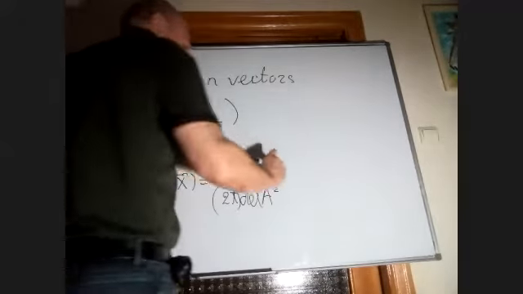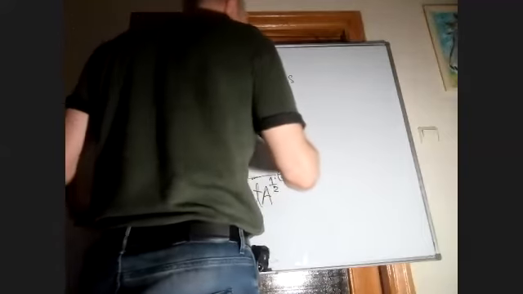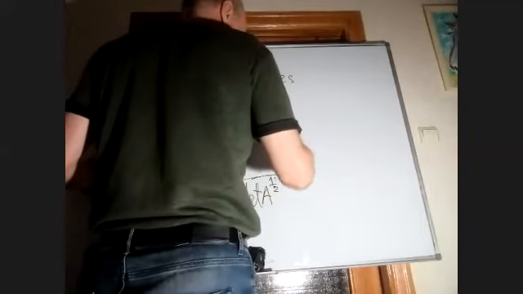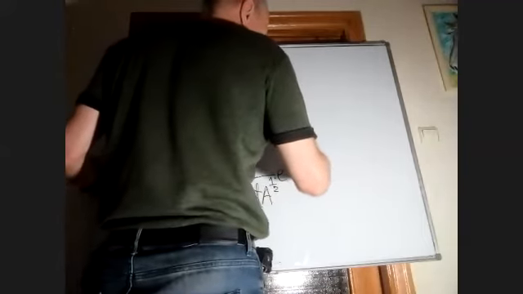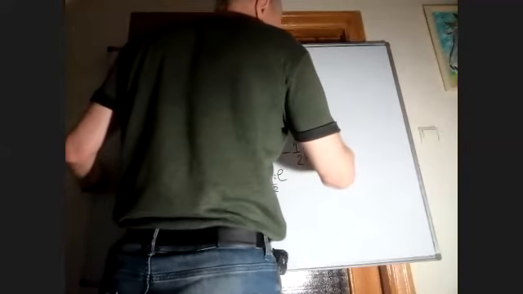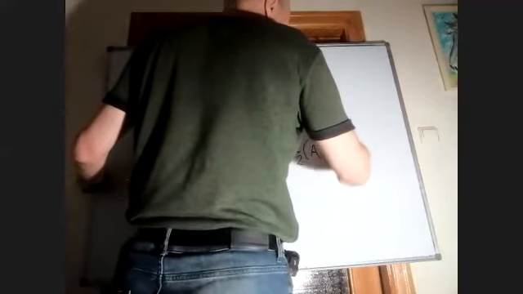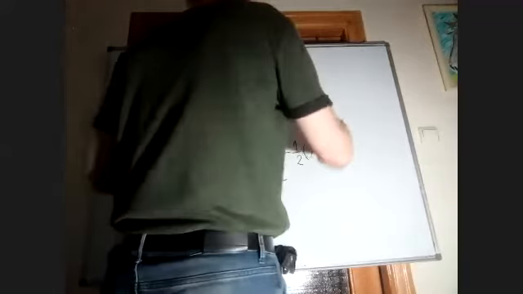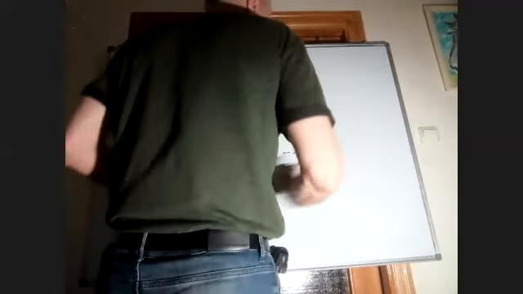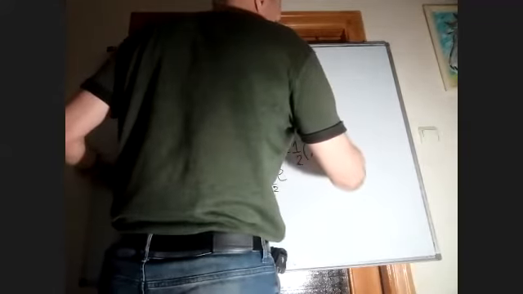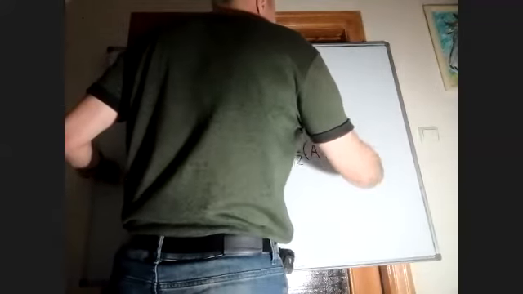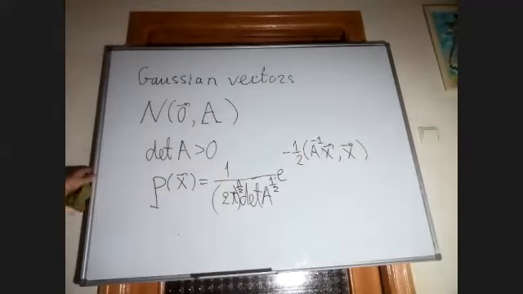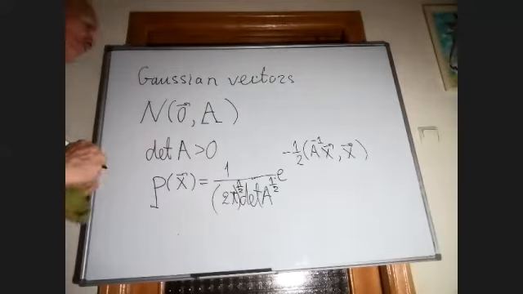Yes, and here we have exponent minus 1/2 A minus 1 x from x. This is the density of our Gaussian vector.